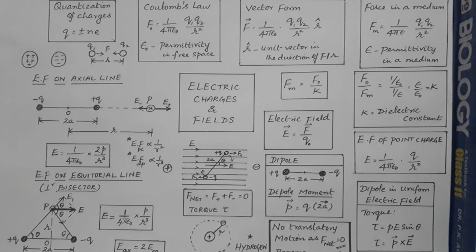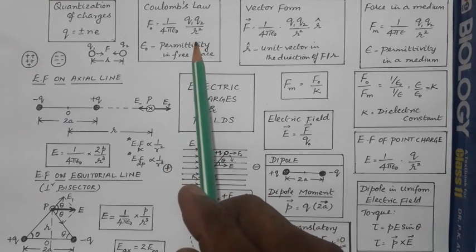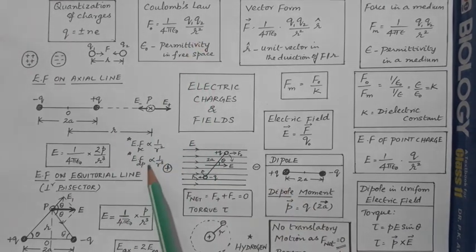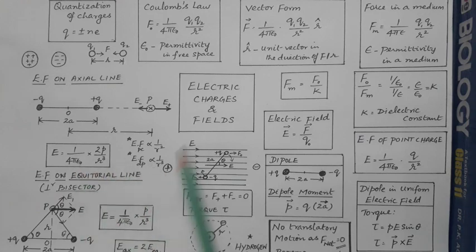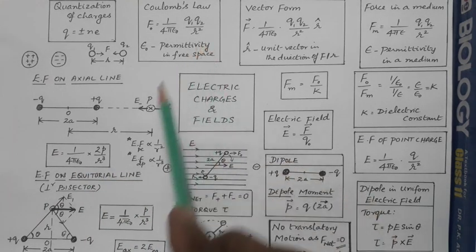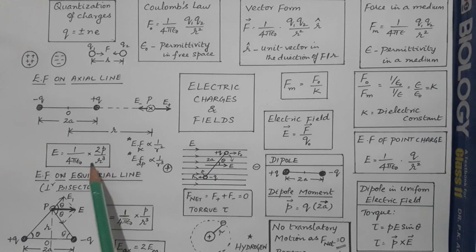Keep in mind, the electric field due to a point charge is proportional to 1 upon r square, as you studied in Coulomb's law. But for a dipole it is going to be 1 upon r cube. Keep that in mind.